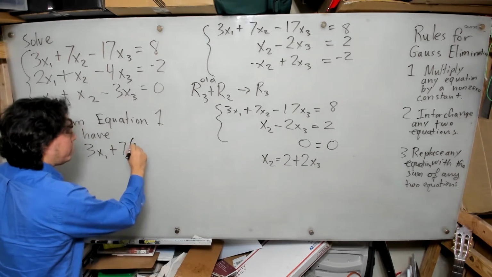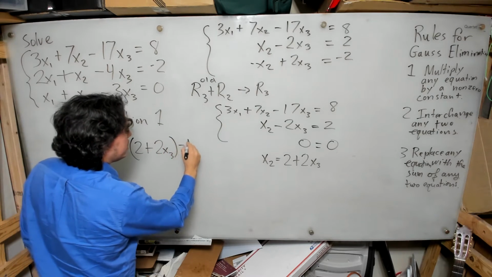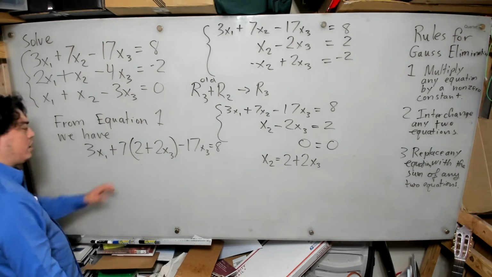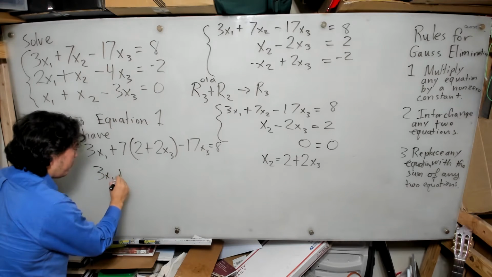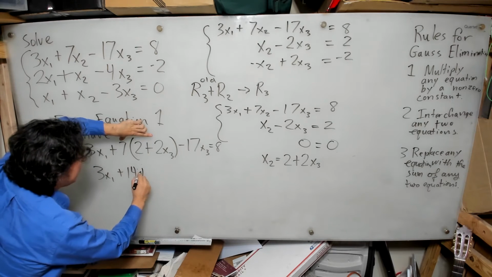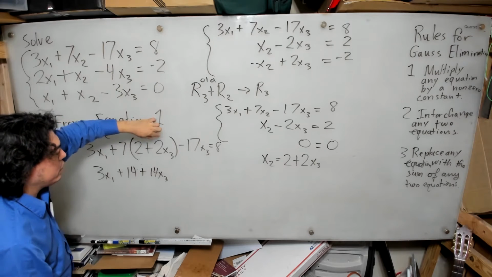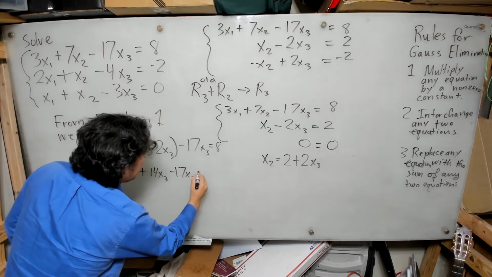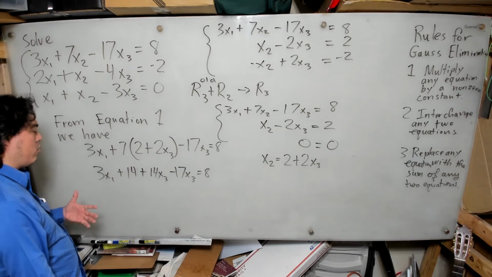So I'm going to put that in here. 2 plus 2x3 minus 17x3 equals 8. I'm going to distribute the 7 in here. Okay, so that's going to give me 3x1 plus 14, because 7 times 2 is 14, plus 14x3, because 7 times 2 is 14, then minus 17x3 equals 8.